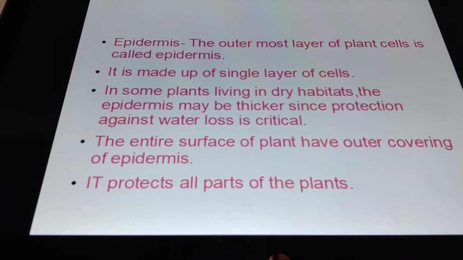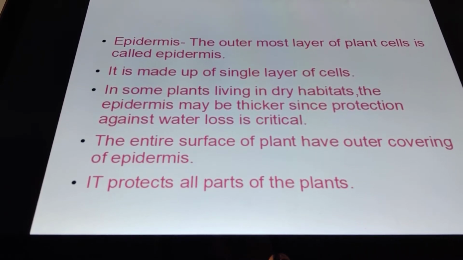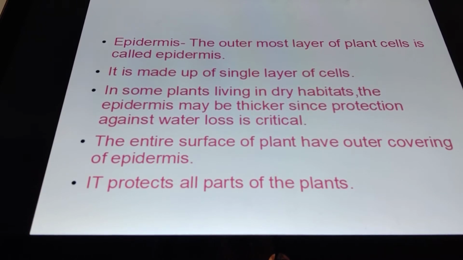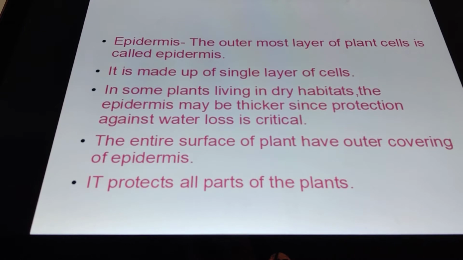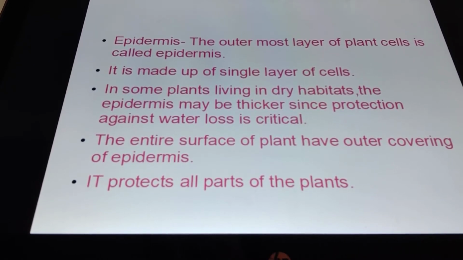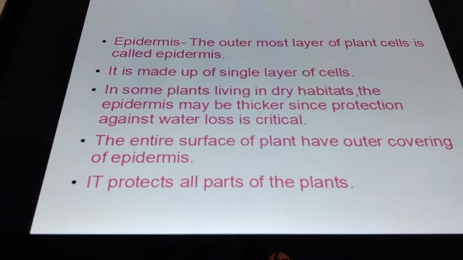Now some of the plants in a dry habitat, where there is scarcity of water, as in the desert area, the epidermis has a thick waxy coating, which gives a waterproof quality, or we can say a water resistant property.